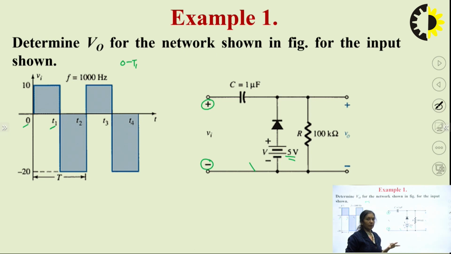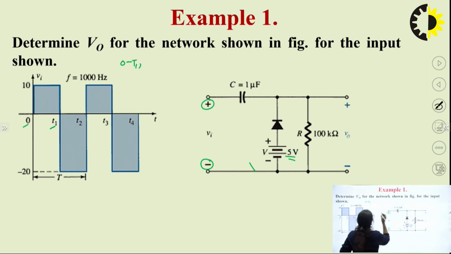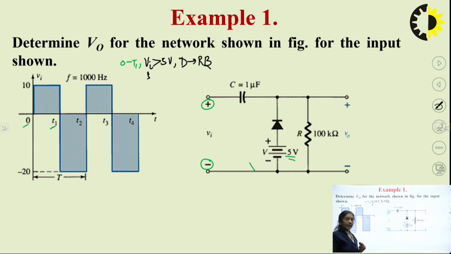So Vi is greater than 5 volt, and the diode will be reverse biased.